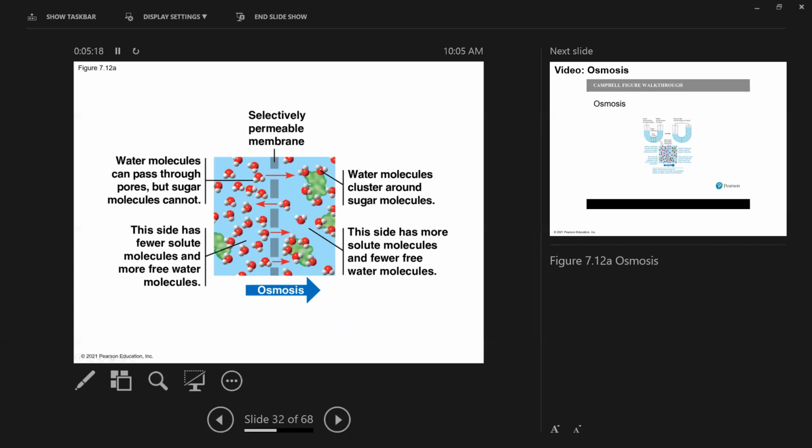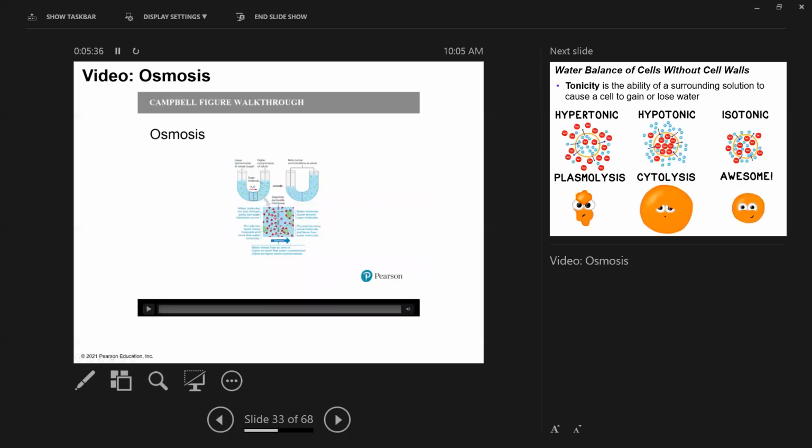And so the water is going to move from where there's a higher concentration of free water molecules to where there's fewer free water molecules. And so osmosis, again, is the movement of water. And again, this is a passive process, meaning it doesn't use energy. This is a video that talks about it.